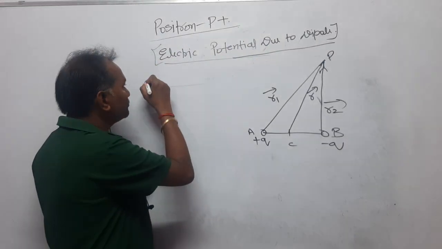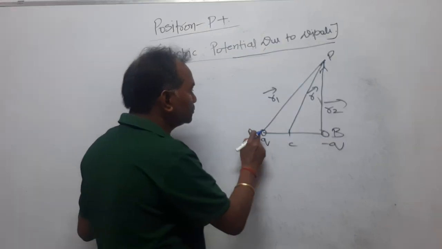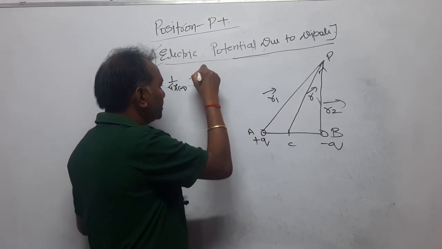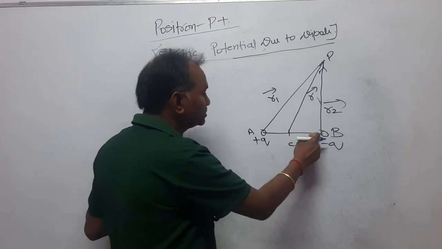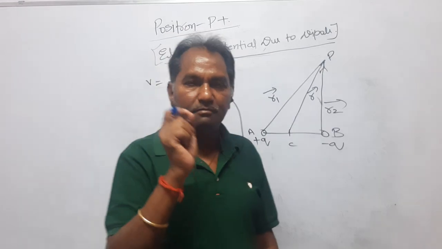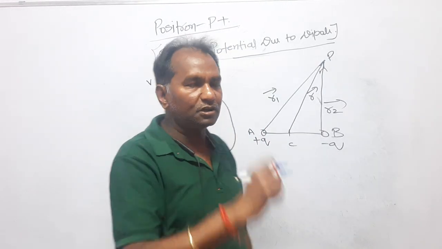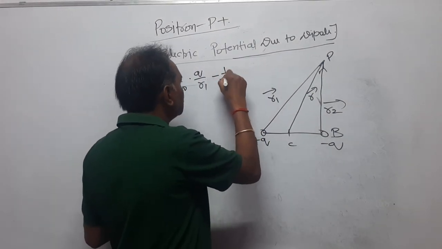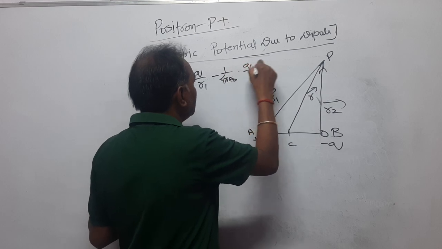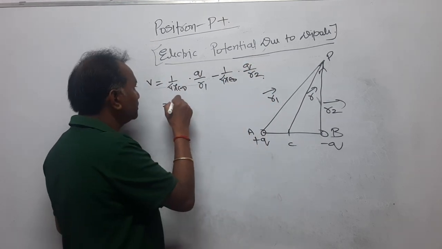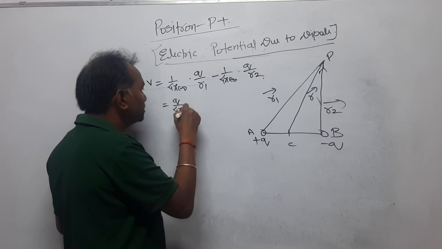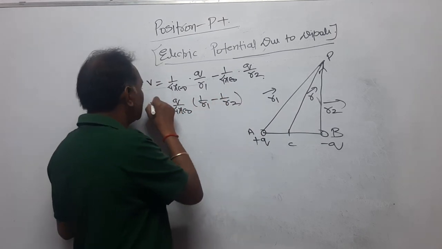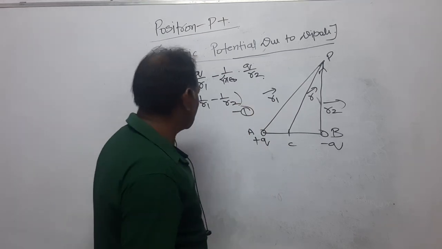So the potential at point P, V, is equal to, due to this one, 1 upon 4 pi epsilon naught Q upon r1, right? Due to the positive charge potential is positive, and due to the negative charge potential is negative, so here the potential will be minus 1 upon 4 pi epsilon naught Q upon r2. Now, dear student, it becomes Q upon 4 pi epsilon naught times 1 upon r1 minus 1 upon r2. Let this be equation 1.